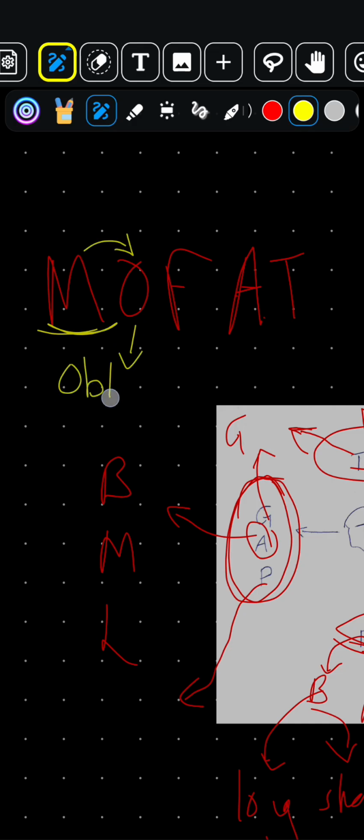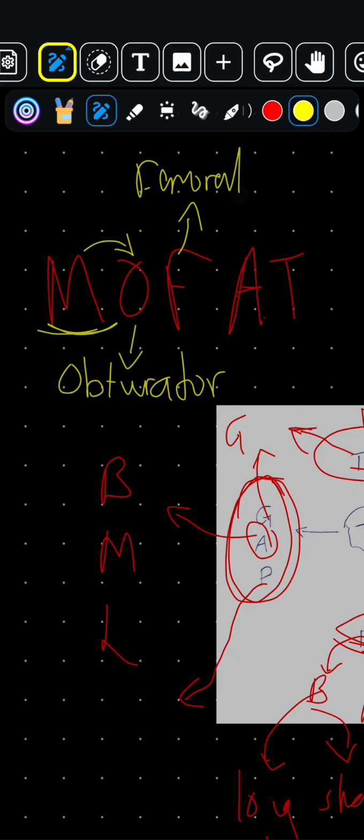And then the femoral nerve is going to innervate the anterior compartment. Femoral nerve innervates the anterior compartment, and the medial compartment is already obturator.